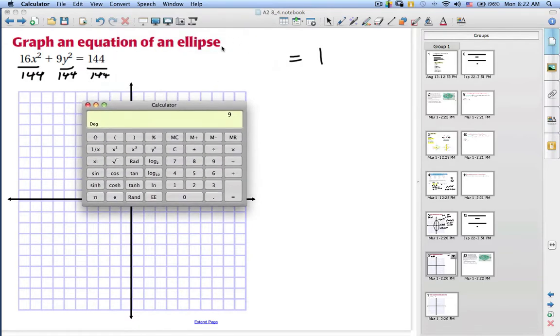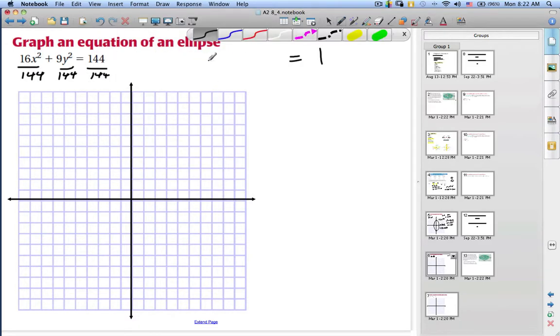That's equal to 9. So I'll have x squared over 9 plus, and then obviously if 9 times 16 is 144, then this one's going to be 16. And now I have my equation in the correct form.